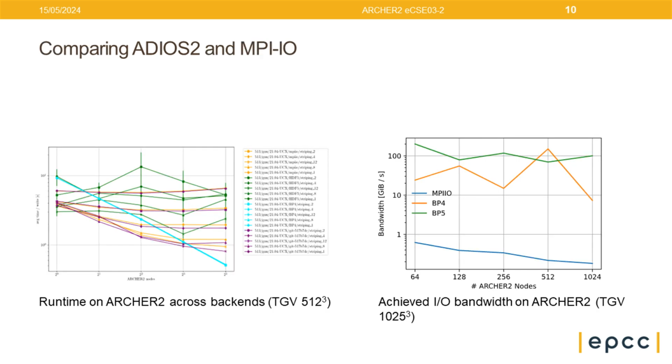So with ADIOS2 integrated into Xcompact3D, we ran some benchmarks on ARCHER2 to see how the performance compared against the existing MPIO backend. I'm afraid the figure's a bit small, but on the left, what we're looking at is the effect of different backends within ADIOS2 and MPIO and changing the striping on the Lustre system.